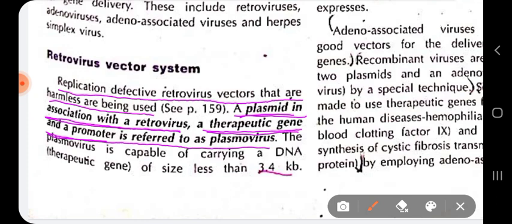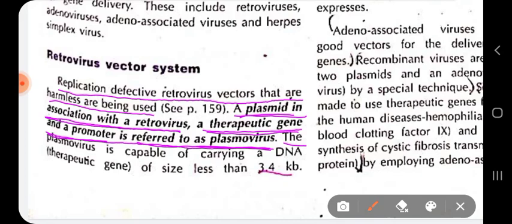All of them together we call plasmovirus. So plasmovirus consists of a plasmid associated with a retrovirus. It will also contain a therapeutic gene within that plasmid and a promoter for proper expression of the therapeutic gene during transcription.